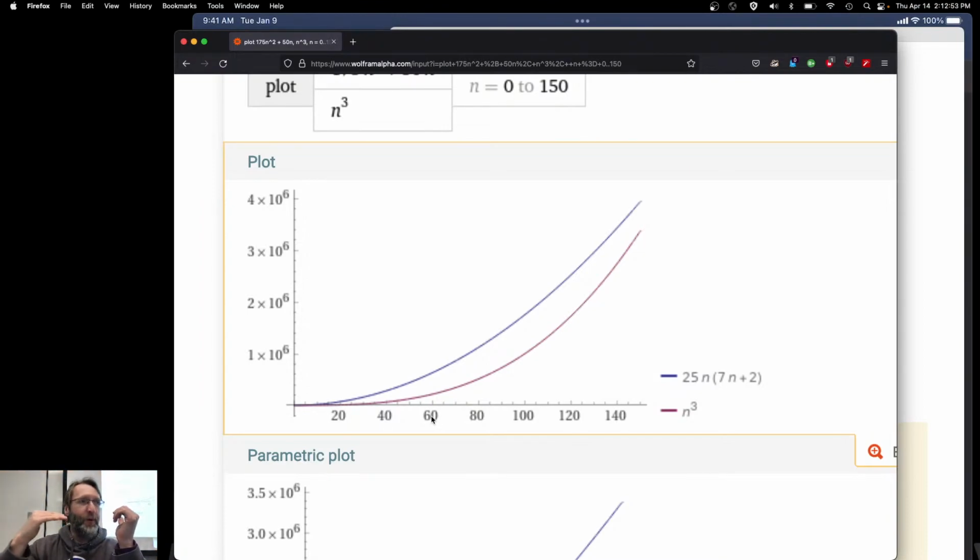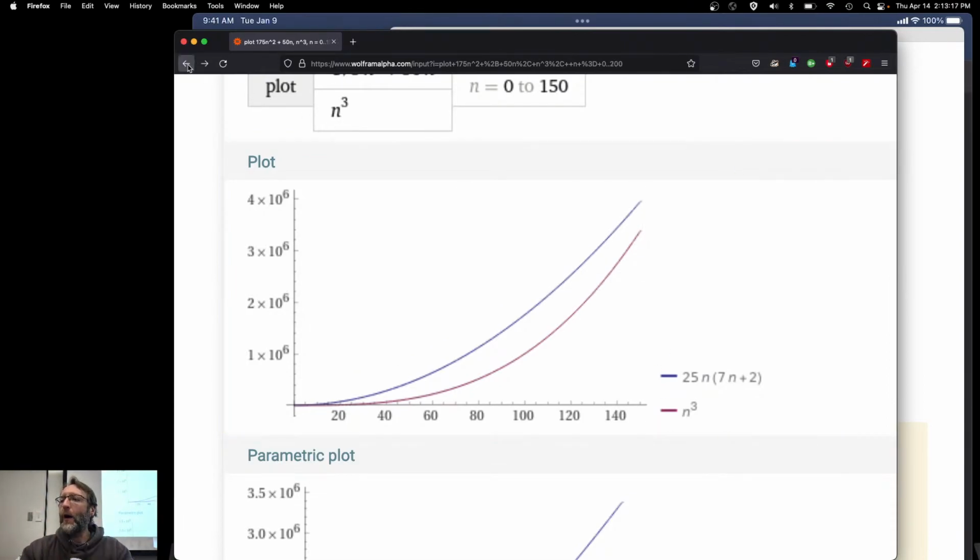So fewer resources is better, right? Less time, less memory, less electricity to run your Bitcoin farming operation, right? And so from this, we see, well, which one's better? The red one, which is n cubed.